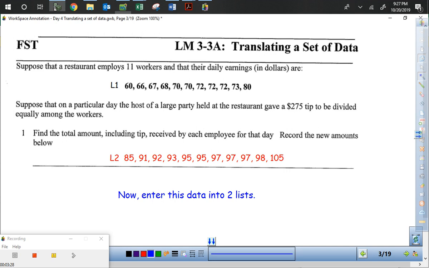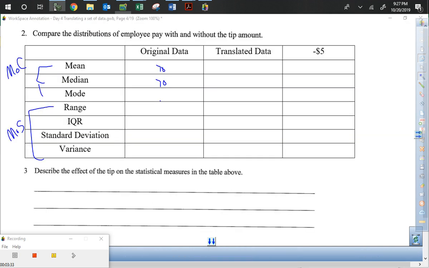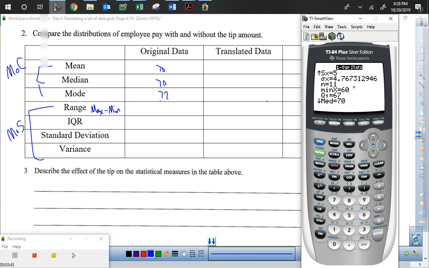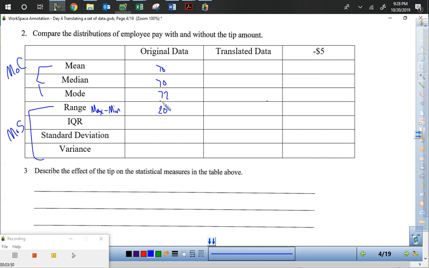So if we go back here, the number that shows up most is 72. Range is just your max minus min. So while it doesn't show up directly, those two values are in your calculator. Minimum is 60 and the maximum is 80, so that gives you a difference of 20.